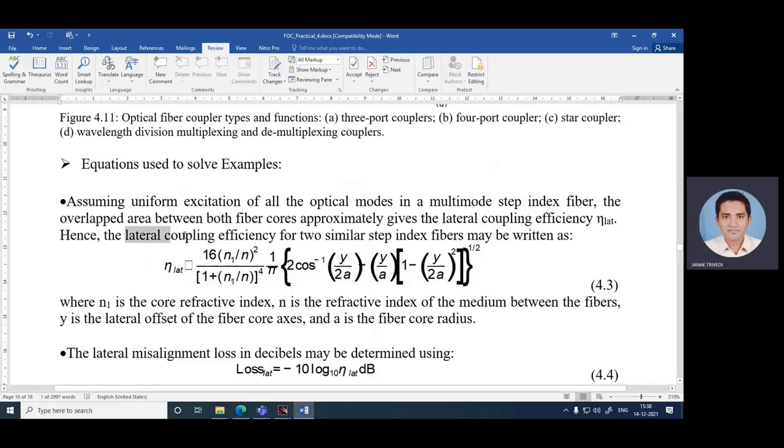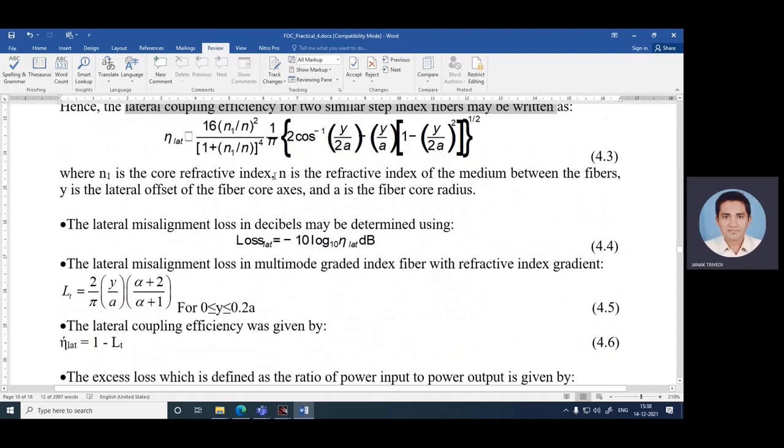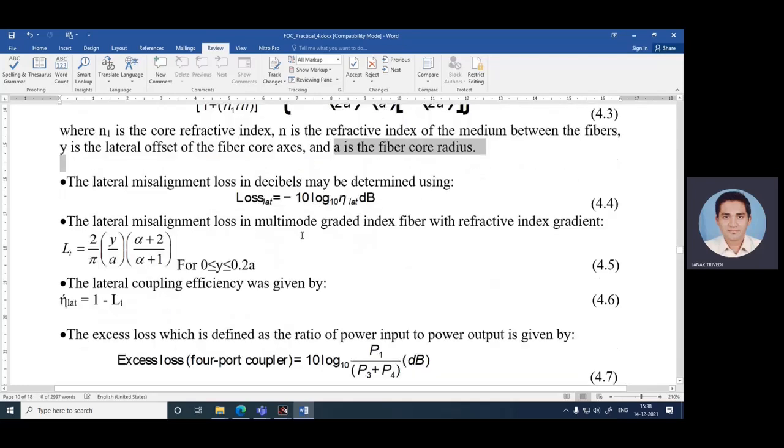Hence, the lateral coupling efficiency for two similar step-index fibers is written as η lateral equals 16 (n1/n)² divided by (1 + n1/n)⁴, times 1/π [2 cos⁻¹(y/2a) − (y/a)(1 − (y/2a)²)^(1/2)], equation 4.3, where n1 is the core refractive index, n is the refractive index of the medium between the fibers, y is the lateral offset of the fiber core axes, and a is the fiber core radius.